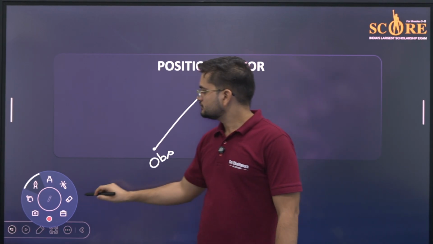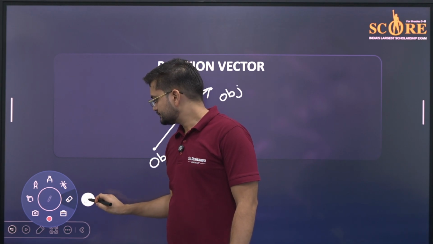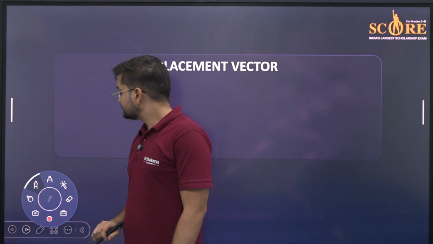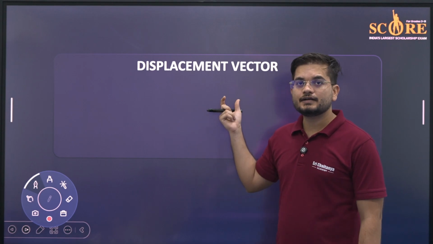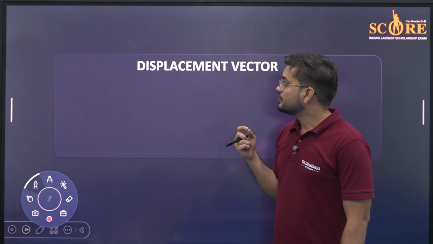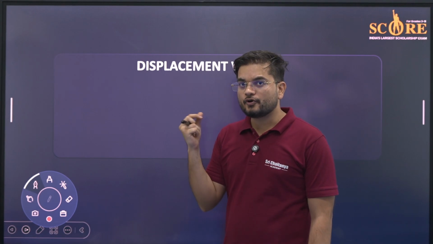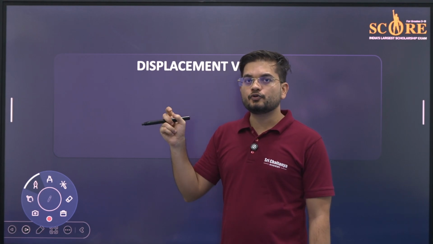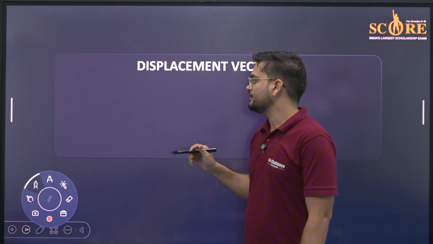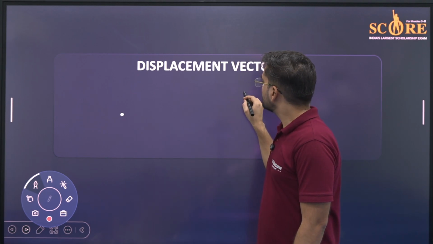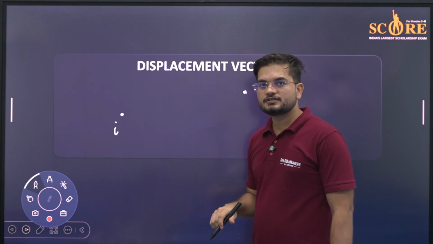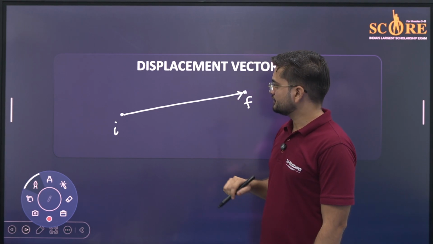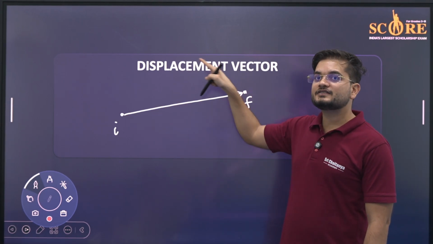After position vector, next is displacement vector. Displacement between two points, or displacement between two positions in a motion, is defined by this: if here is the initial position and here is the final position, then this vector is known as the displacement vector.